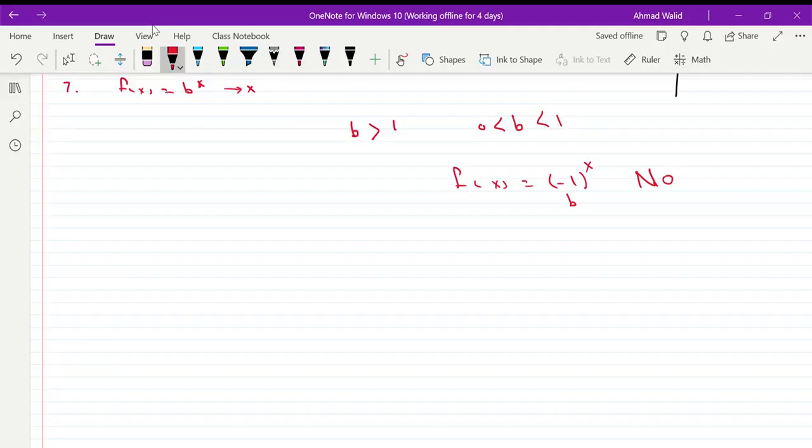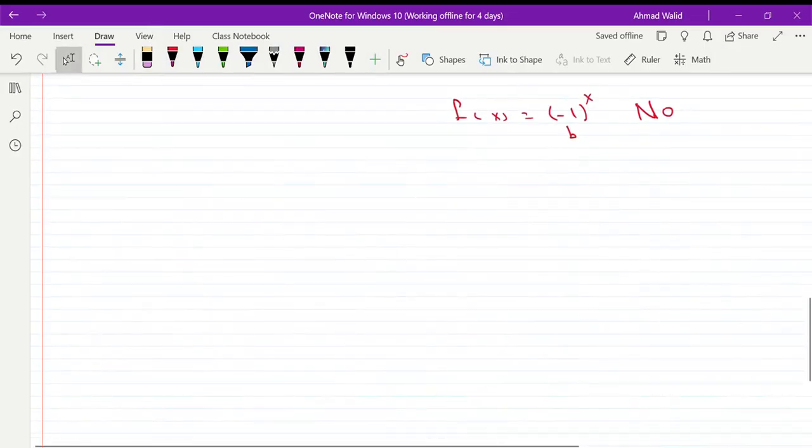Now, when we learned easily how to graph an exponential function, of course, now we can talk about transformation of exponential functions, correct? Hopefully you remember what's transformation.